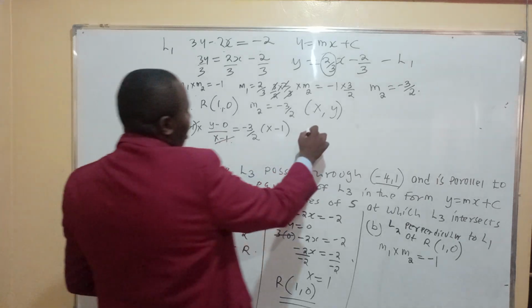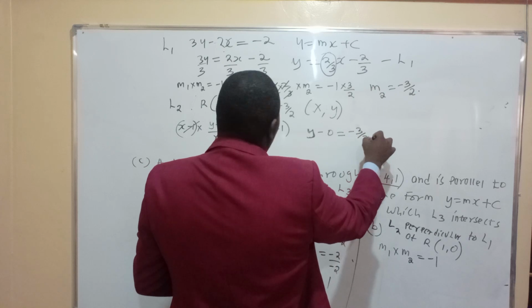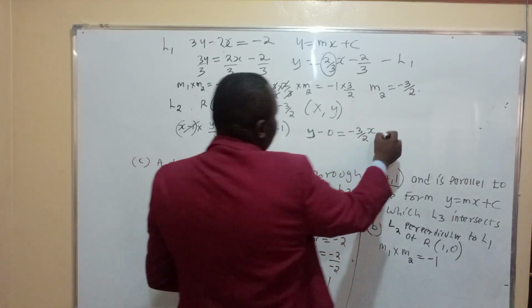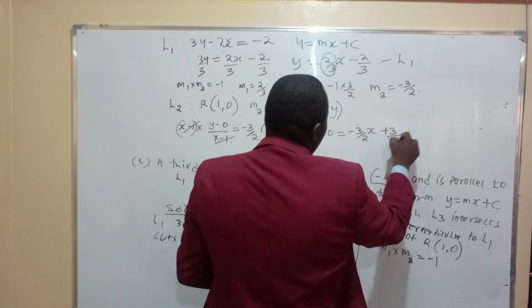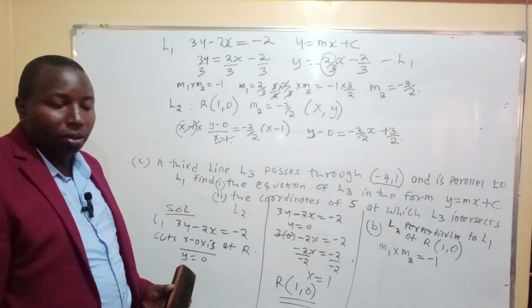So you get y minus 0 is equal to -3 over 2 times x minus 1, that is -3 over 2 x plus 3 over 2.